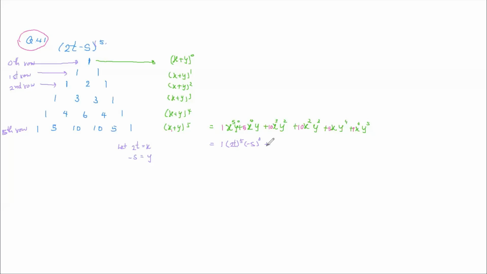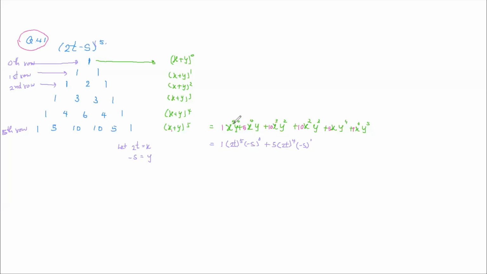Plus the 5 is still there, so 5 times x again replaced with 2t, so 2t power 4 times y equal to negative s. Y is power 1 here. This is the second term, okay?